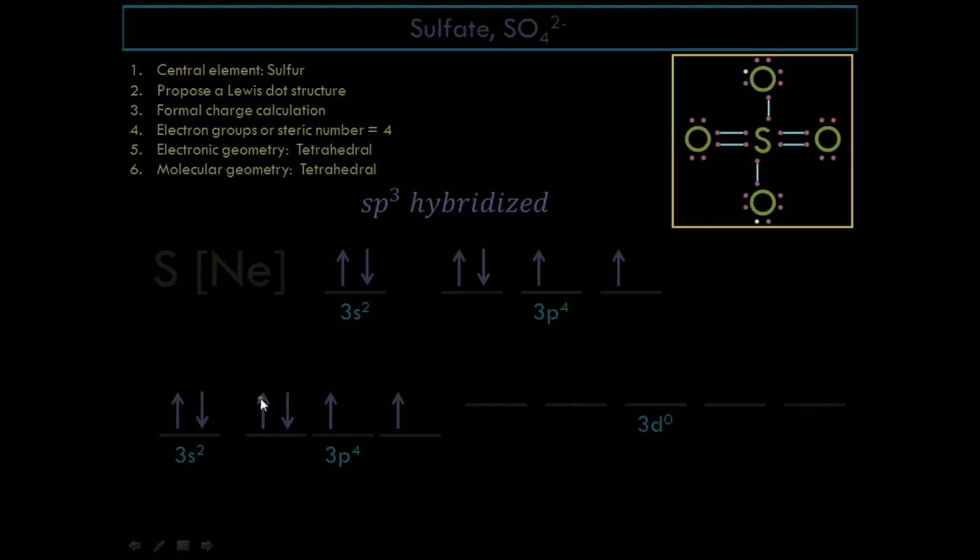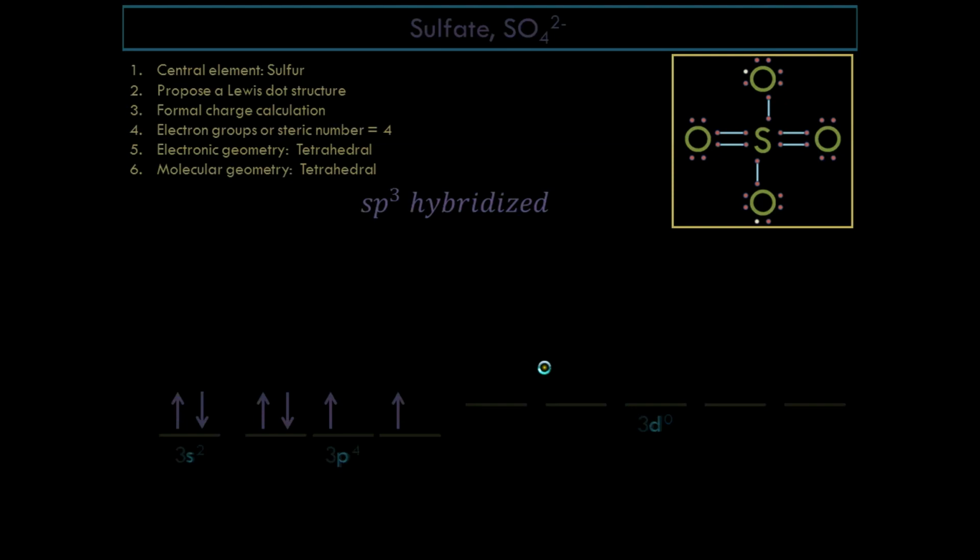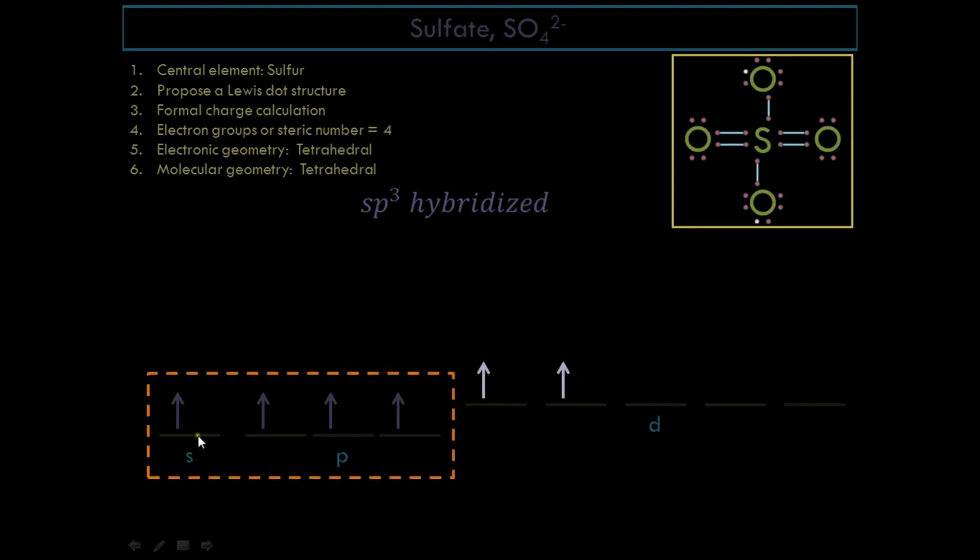So these 2 electrons can jump here to the d orbitals, so that these 4 electrons are involved in sigma bonds, head-on overlap, while these 2 electrons, unhybridized electrons, are involved in pi bonds. That is the meaning of sp3 hybridized.